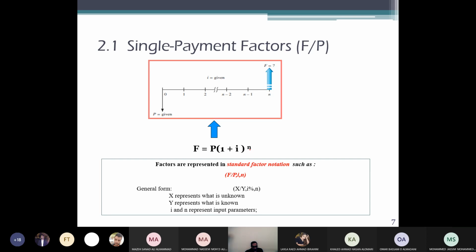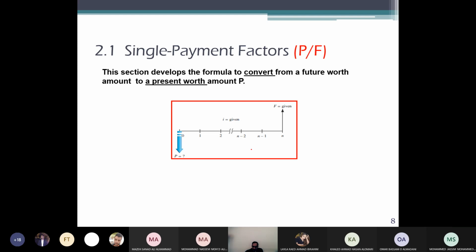Why? Because when you put it to the end, it means you are compounding. What you are trying to receive in the future is based on your original amount, with the effect of compounding.